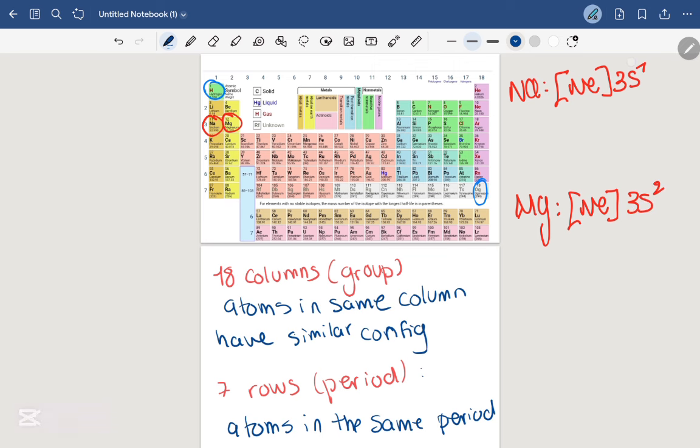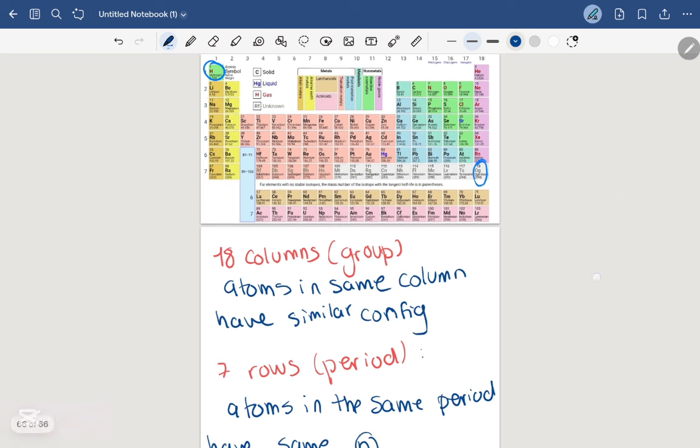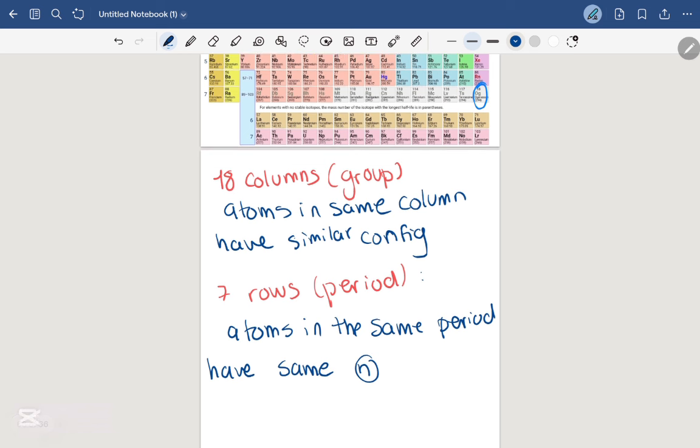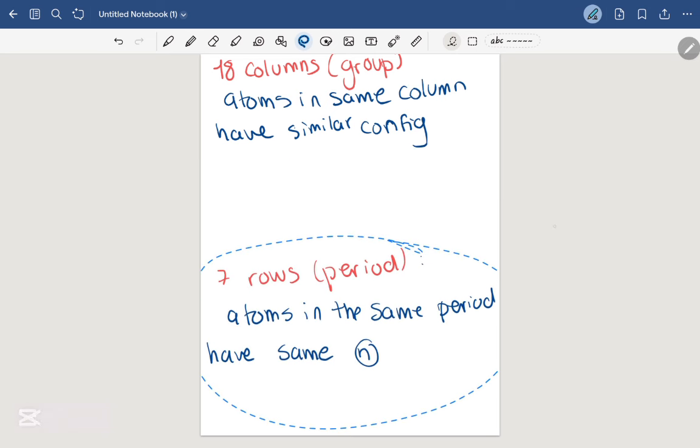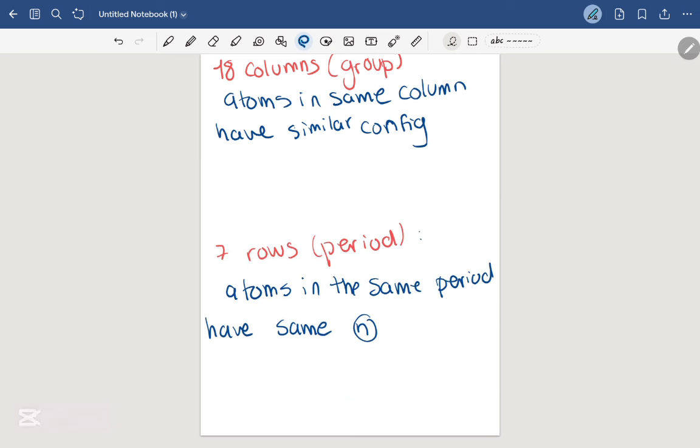So as you can see, they both have the same energy level. So very simply, atoms in the same period have the same energy level. Perfect. Now, what is something very important that we've learned many times over the years in science? As we go down the periodic table, each group has the same chemical properties.